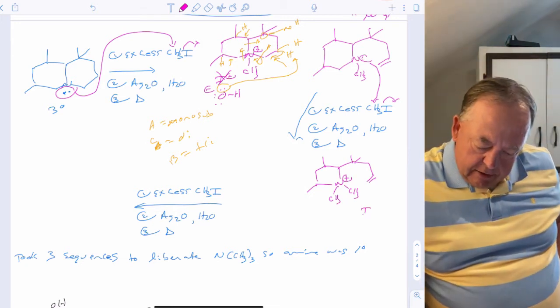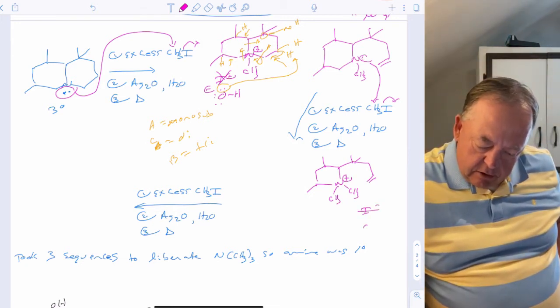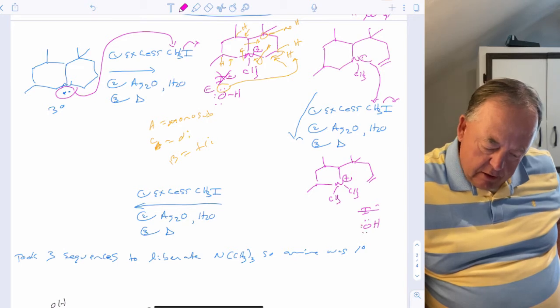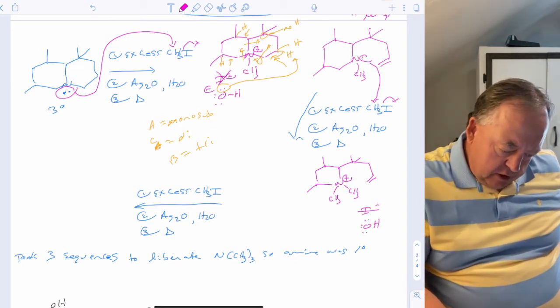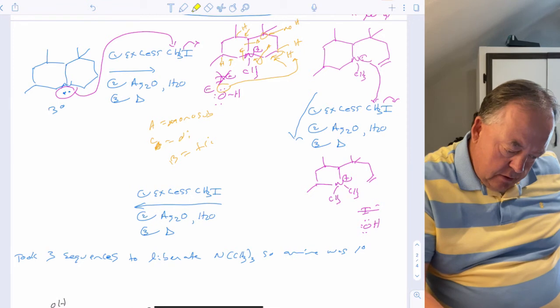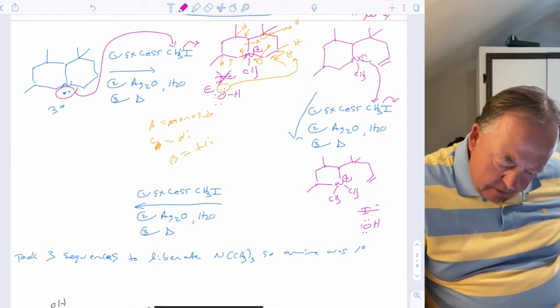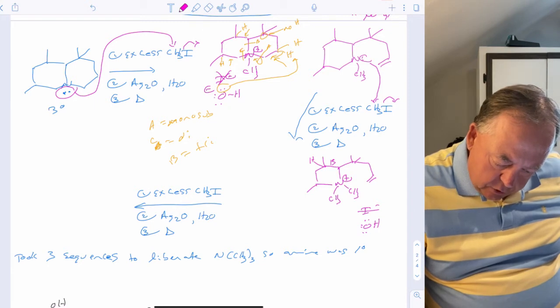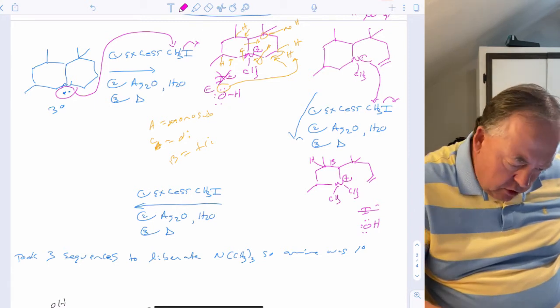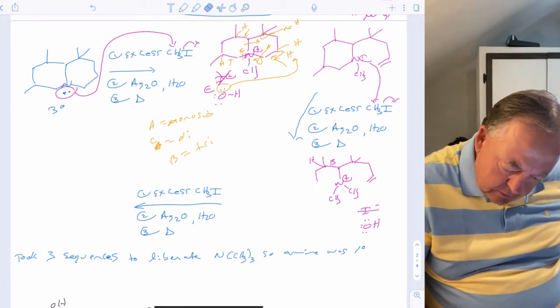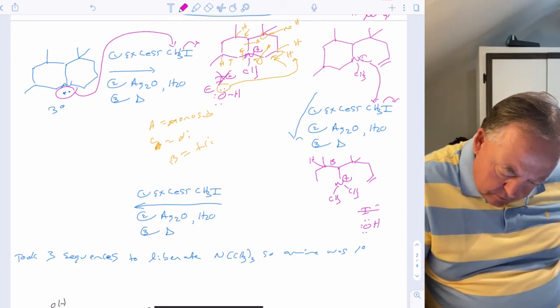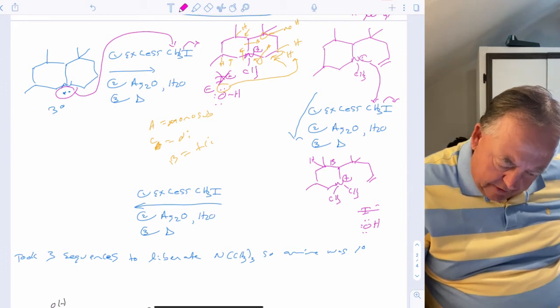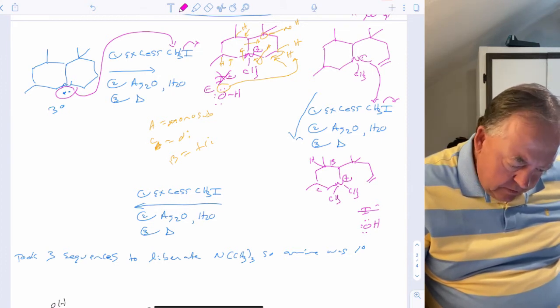You had I minus, and then that gets precipitated out, so now you have hydroxide. And now we have the choice of putting the double bond here by taking that hydrogen, or we have the choice, this is not drawn right, or we have the choice of putting the double bond here by taking that hydrogen.